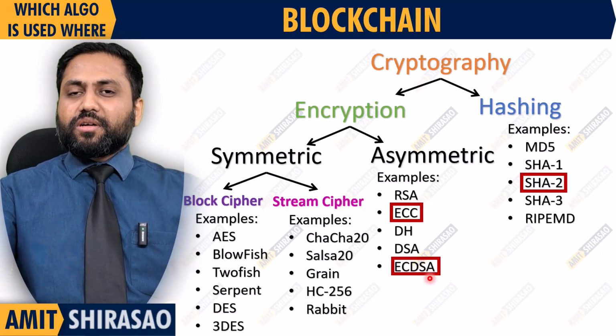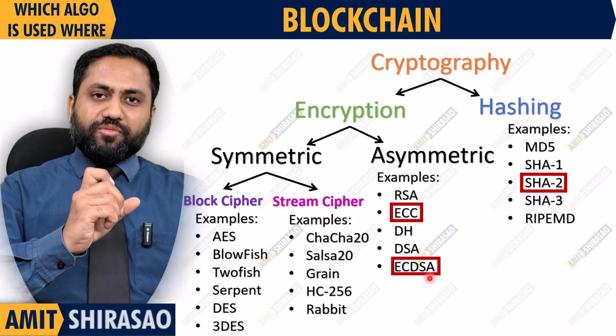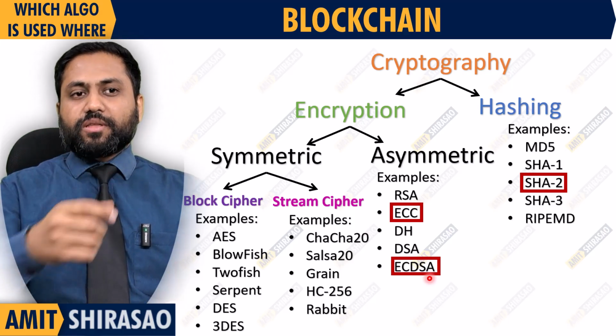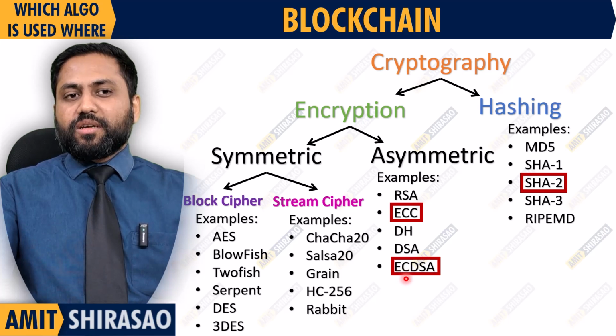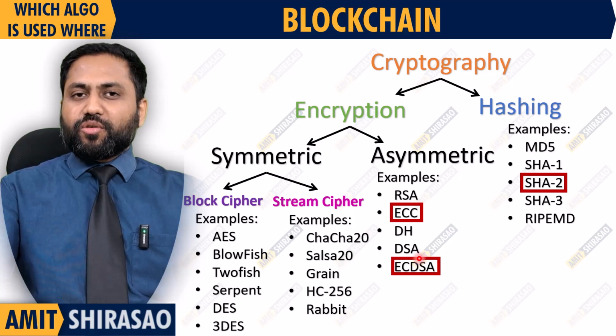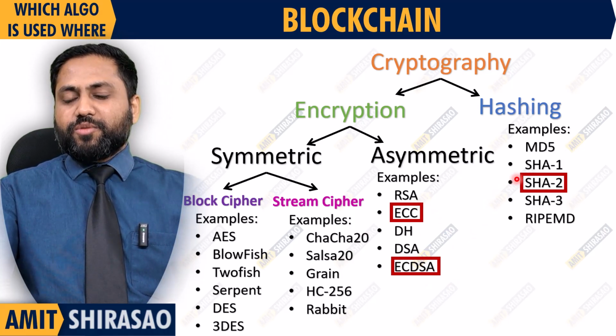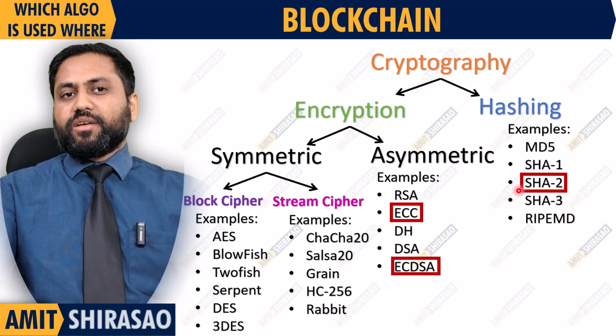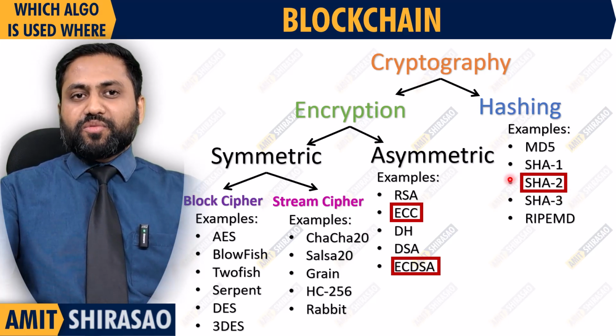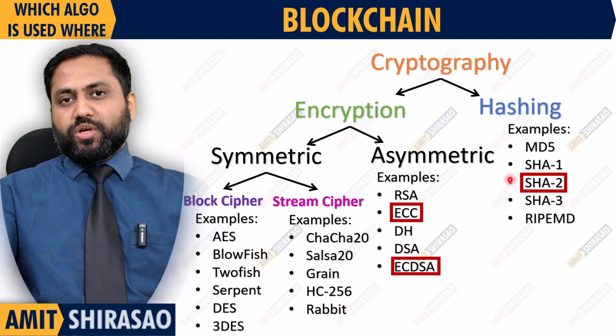Then for signature verification, that means for authentication, they will be using ECDSA. ECDSA is just a refined version of DSA. Okay, so these two algorithms they'll be using. And then for hashing, means for ensuring the integrity of the message, they will be using SHA-2 algorithm. Okay, so these three are used in blockchain.